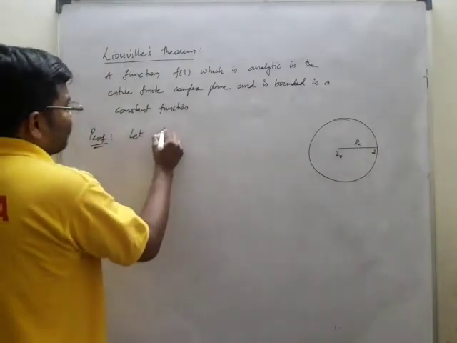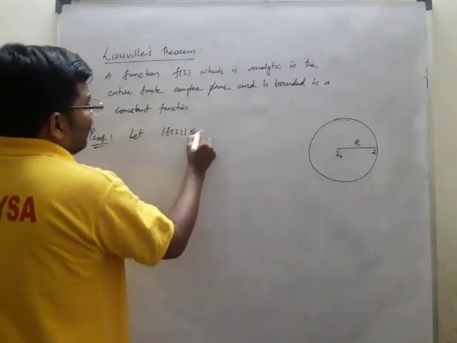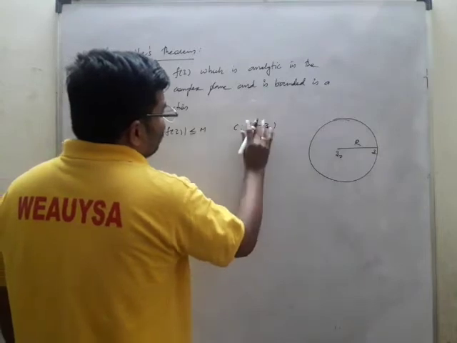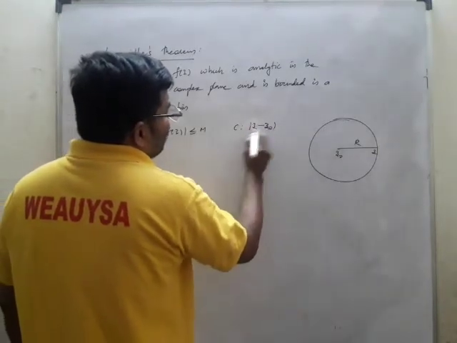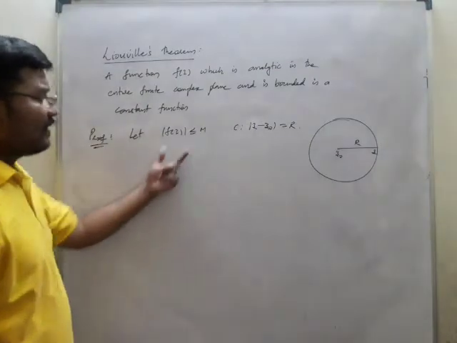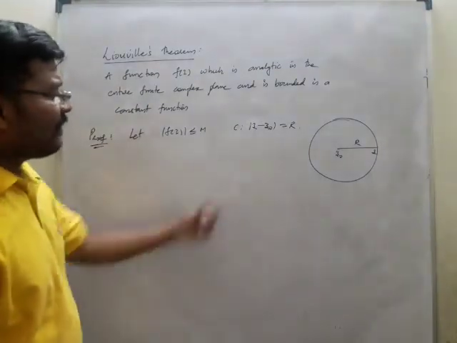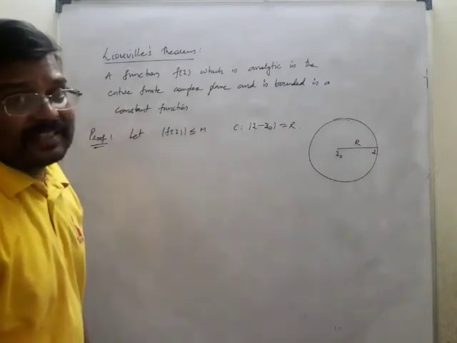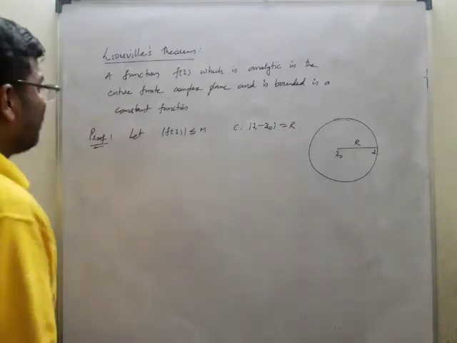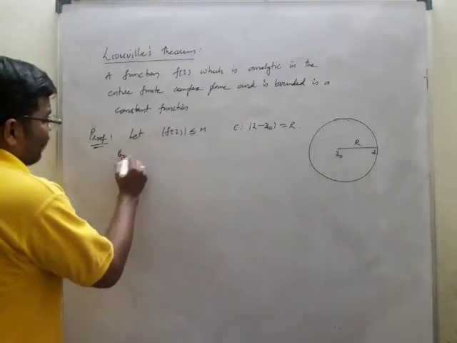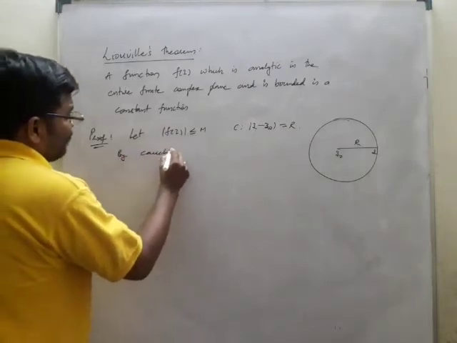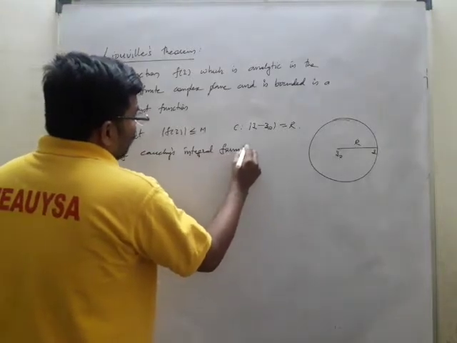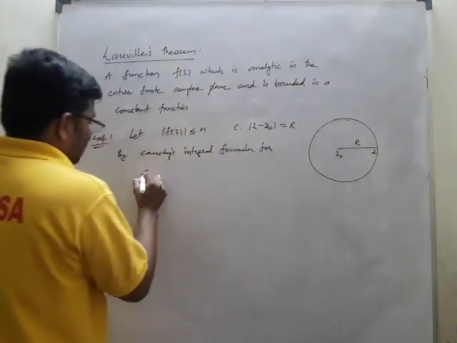Let |f(z)| be less than or equal to M, and C such that |z - z₀| is equal to r. Now we'll use Cauchy's integral formula for the derivative.